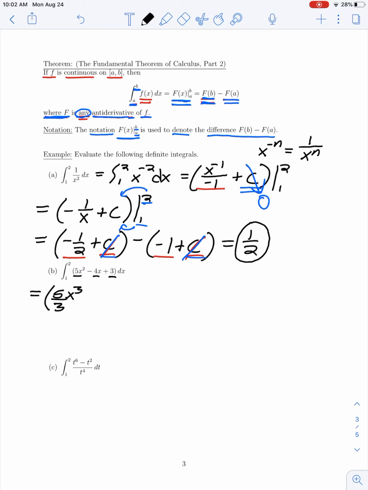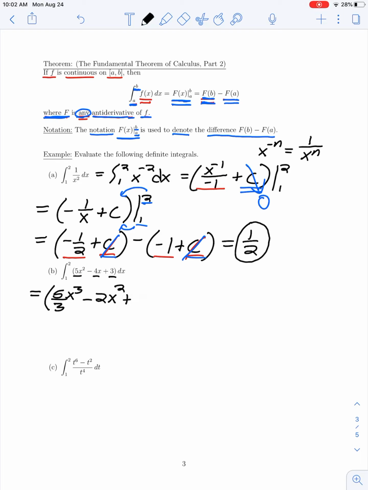or 5/3 x cubed, minus the antiderivative of 4x would be 4x squared divided by 2, or 4 over 2 gives us just 2x squared.